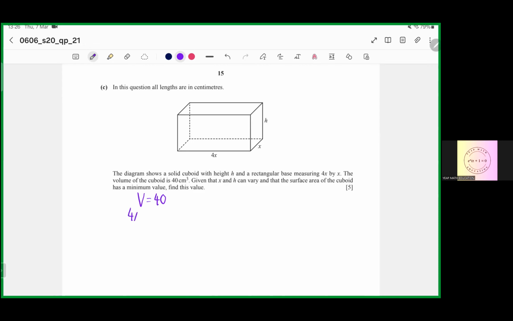Okay, now we take V equals 40. So 4x squared h equals 40. So h we got 10 over x squared. Okay, now the surface area of the cuboid has a minimum.